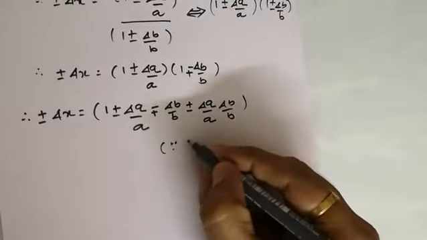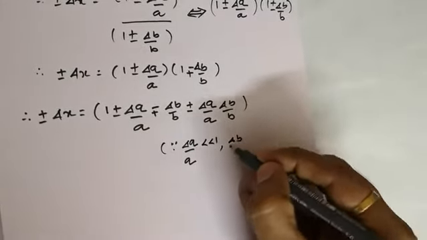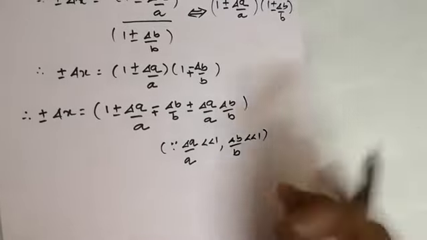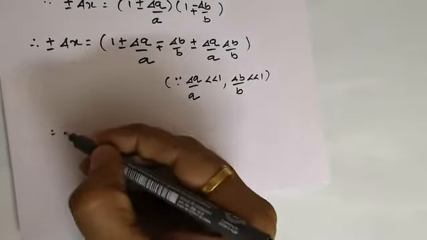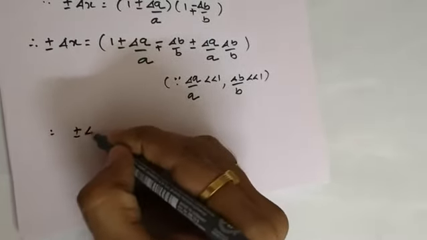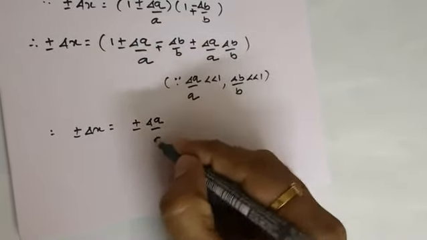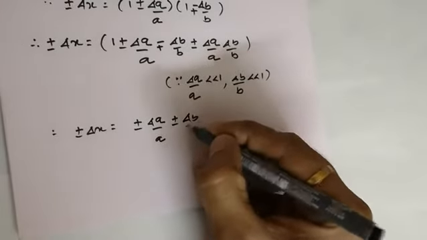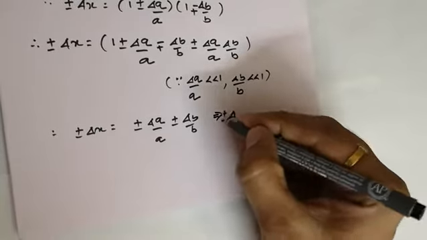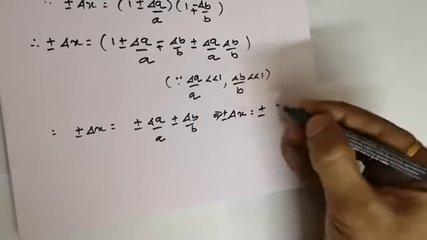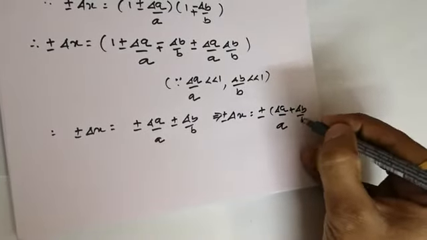As per our rules, we are aware that delta a by a is very much less than 1. The same is the case for delta b by b, which is very much less than 1. So we are neglecting this last term, and we may get plus or minus delta x by x equals plus or minus delta a by a plus delta b by b.